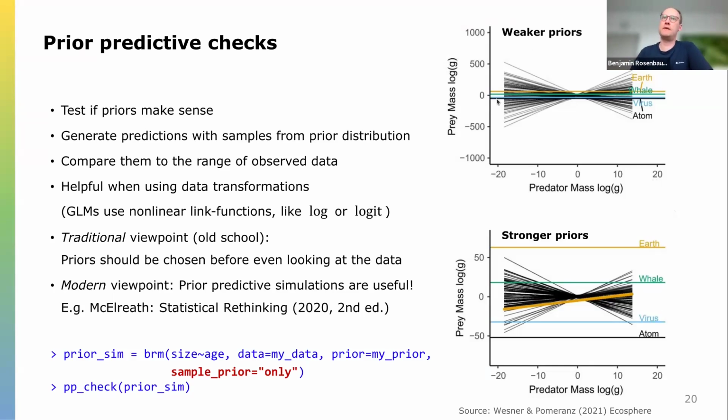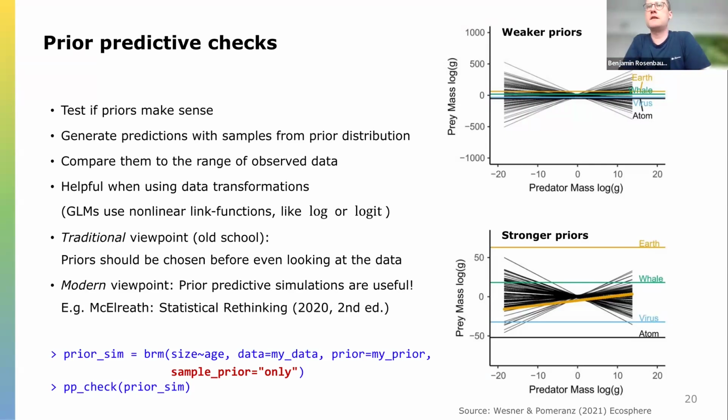If we look at this example, especially if we have something on a log scale, here a classical predator-prey body size relationship. And if we here just have a prior with a standard deviation of about 10, maybe 20, I don't know.